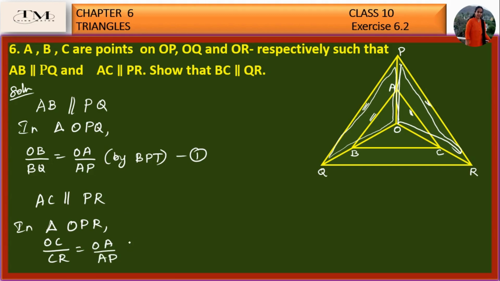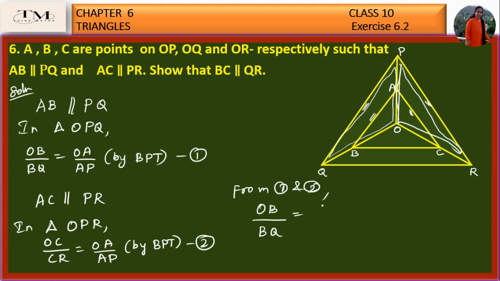So if you check 1 and 2, I keep this as 2. If you check 1 and 2, the right hand side is the same, OA by AP. Then the left hand side is equal. So from 1 and 2, we have OB by BQ equal to OC by CR.